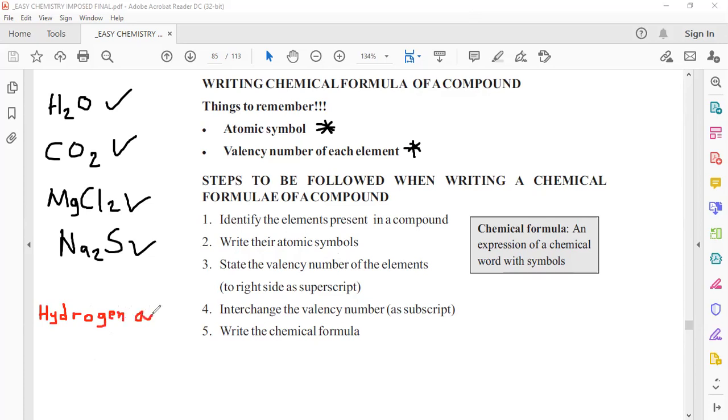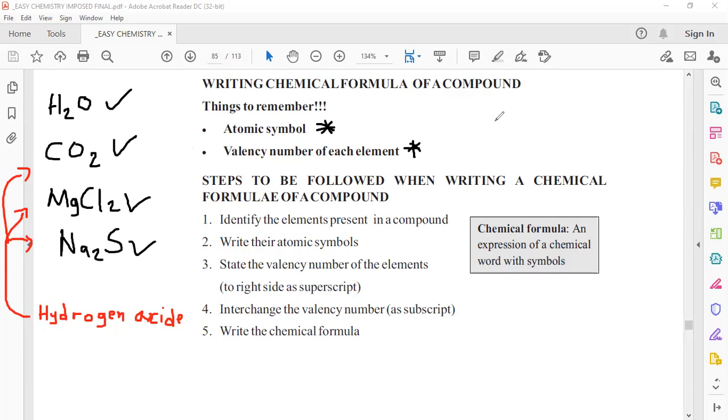Say this is the name of the compound, hydrogen oxide. And then you're wondering, how do you translate this hydrogen oxide into a chemical formula?